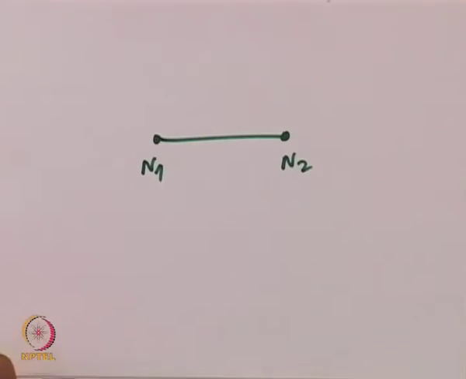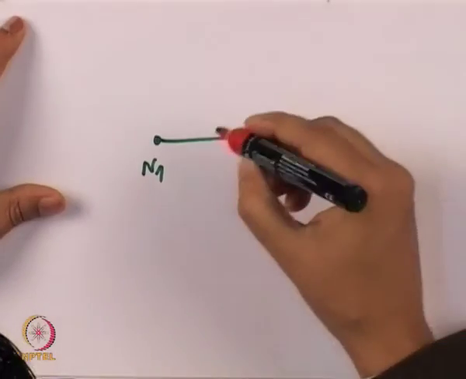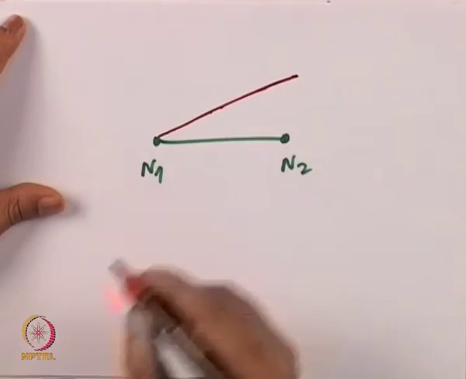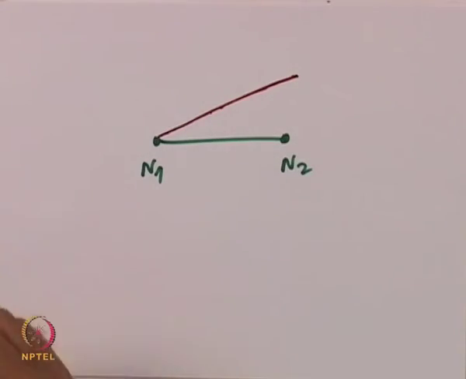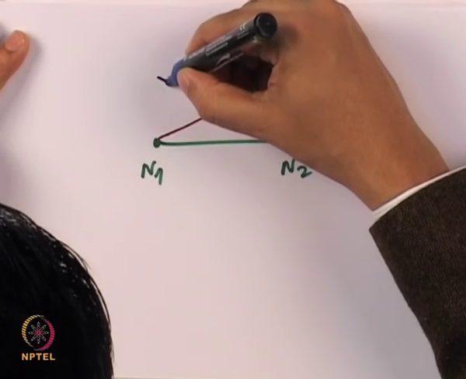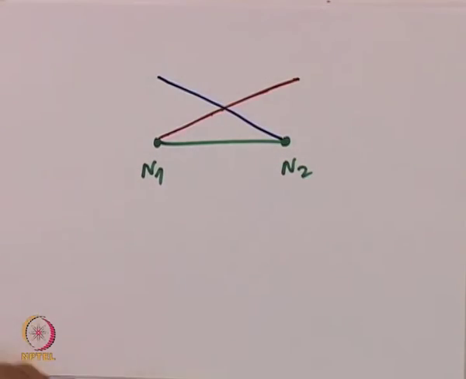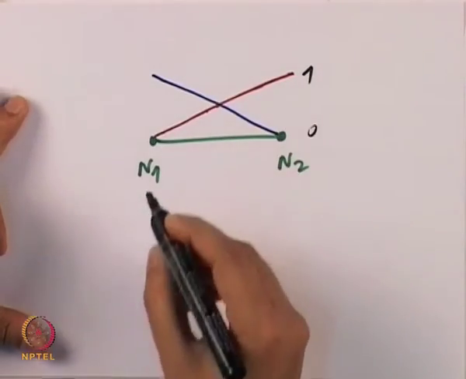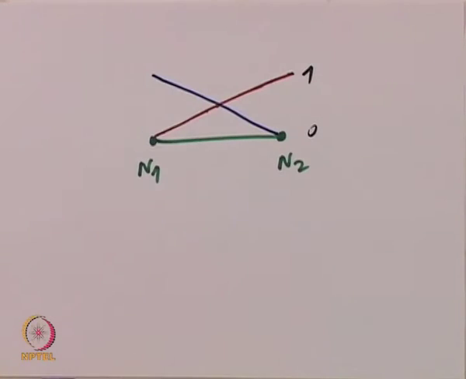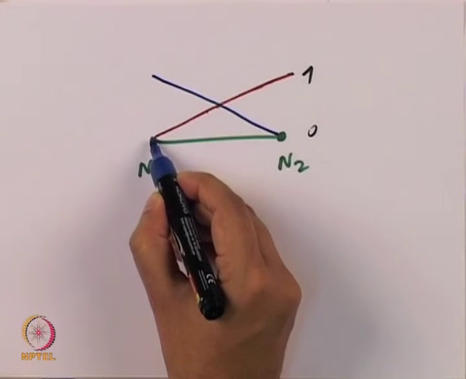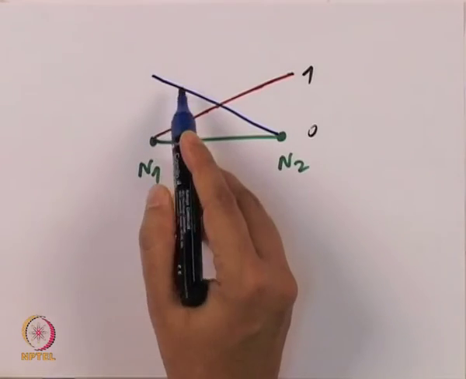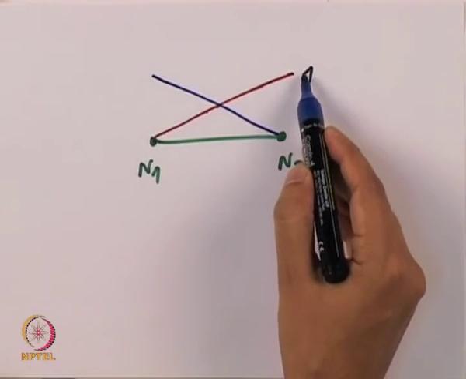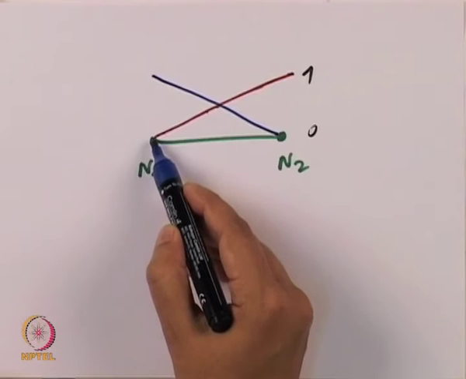One is going from 0 to 1, the other one is going from 1 to 0, and let me write the scale: this is 1, this is 0. So when I am at this particular point, the contribution because of this basis function is going to be the maximum, whereas the contribution because of this basis function is going to be the minimum.